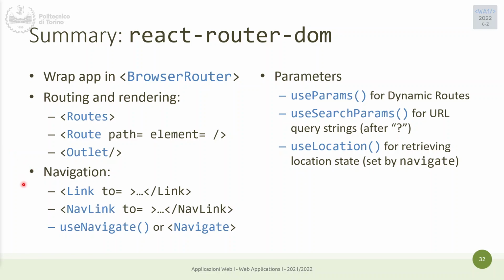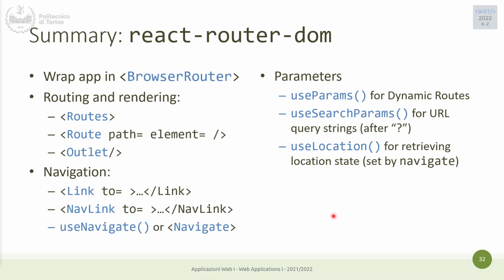For navigating, we are going to use these three approaches: Link when we want to replace simply an anchor tag or a button or something like that, NavLink when we want to specify which link is active, or useNavigate or the Navigate component if you want to do this movement, this page change, manually.